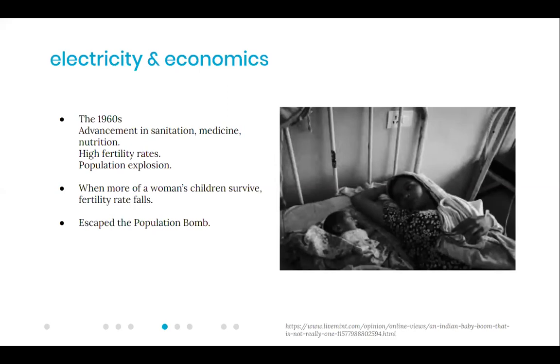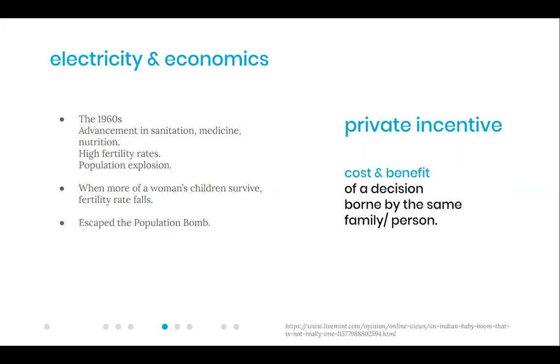So it caused a population explosion that economists were very worried about and did not know how to contain. But what they found was that a sort of self-correcting mechanism appeared, because when more of a woman's children survive, the fertility rate automatically drops, because they realize that it is expensive to have more children when they are all doing well and healthy. So that's how the world escaped the population bomb.